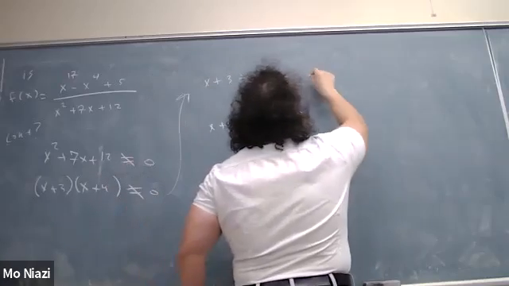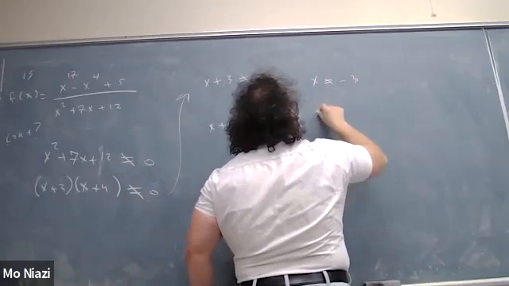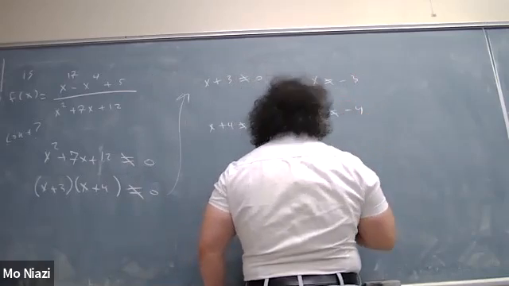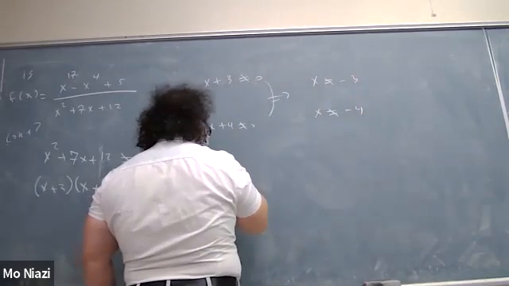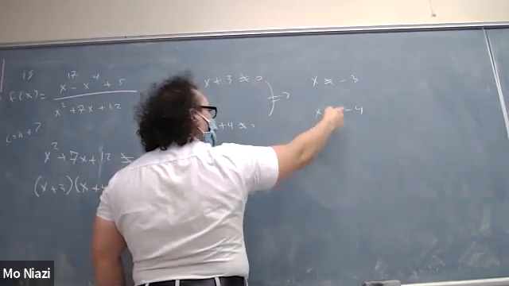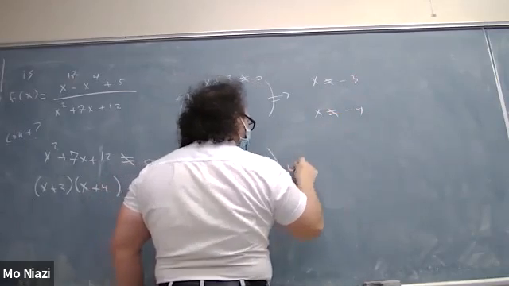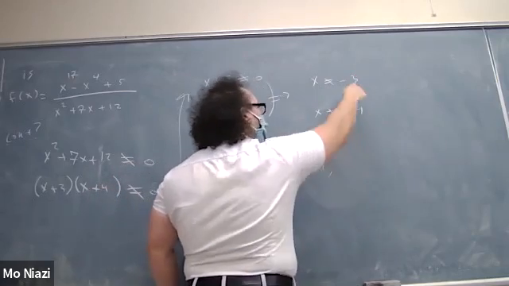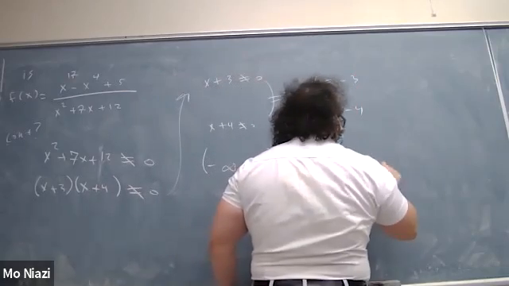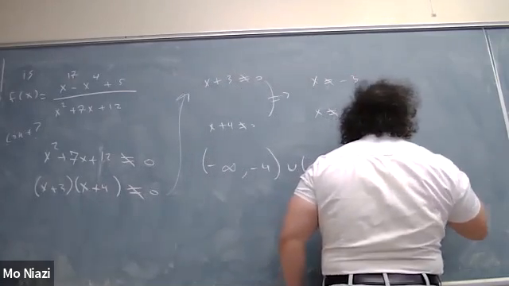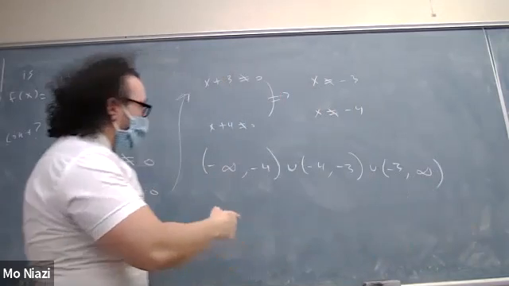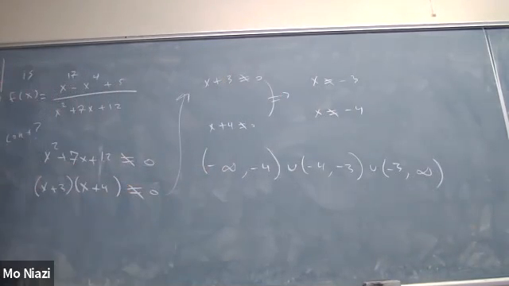These simultaneously imply that x cannot equal -3, x cannot equal -4. So your domain is -infinity all the way to -4, union -4 all the way to its close neighbor, -3, union -3 all the way to positive infinity. On this domain, your function is continuous because it's never dividing by 0.